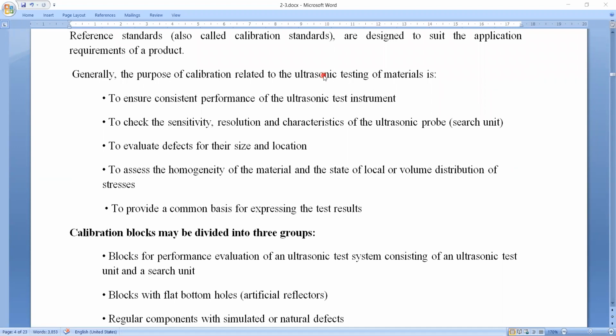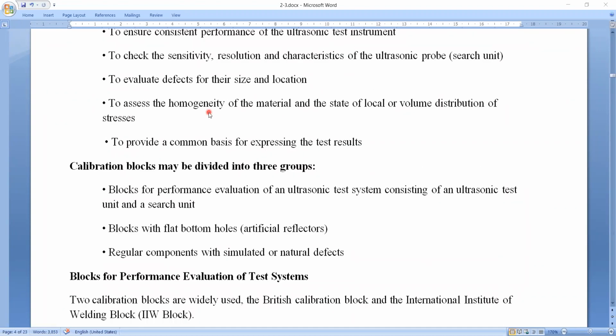So everywhere in the world should follow the same reference standards, and then automatically we can maintain the standards. We can export our products to different countries because we are maintaining the same standards followed by those countries overseas. That is also one of the advantages of following these reference standards. A common base means everywhere we are following the same rules, so there is no problem at all.